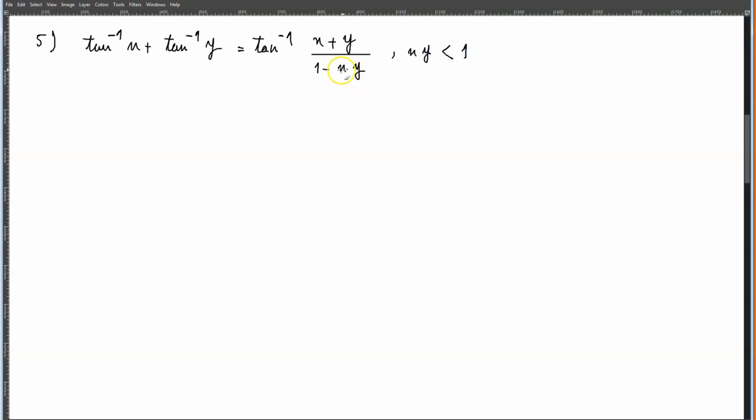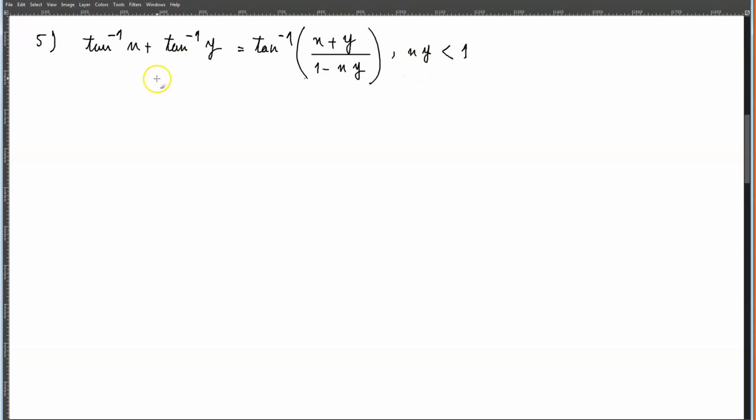Part 5 of these properties is: tan inverse of x plus tan inverse of y is equal to tan inverse of (x plus y) over (1 minus x times y), for x times y less than 1. So we have tan inverse of x plus tan inverse of y is equal to tan inverse of (x plus y) over (1 minus xy), for basically this condition.